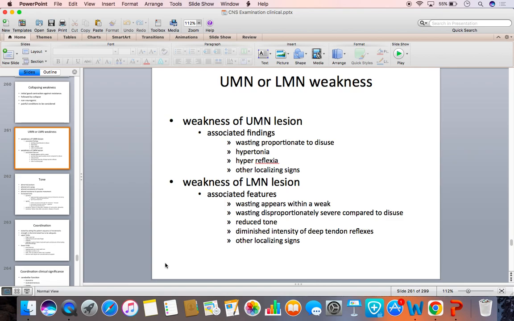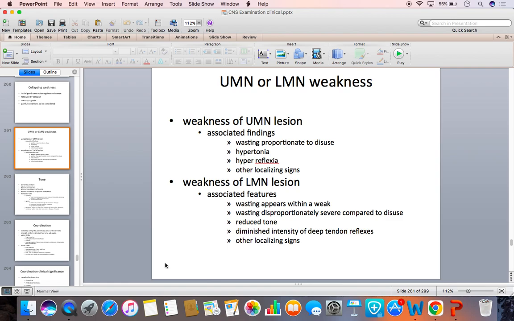For example, if the lesion is in the brainstem, there could be concurrent associated findings of the cranial nerve palsies. Like that, in upper motor neuron lesion, wasting is proportional to disuse, with hypertonia, hyperreflexia, and the collaborative findings of the involvement of the other structures.